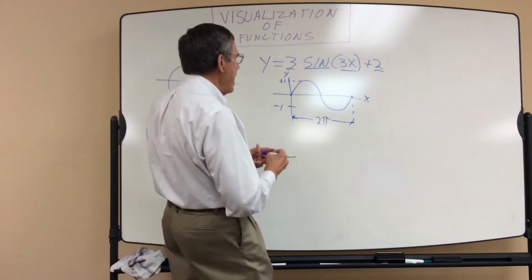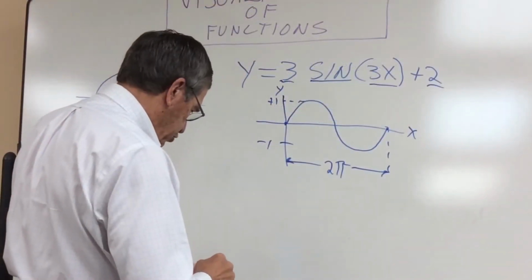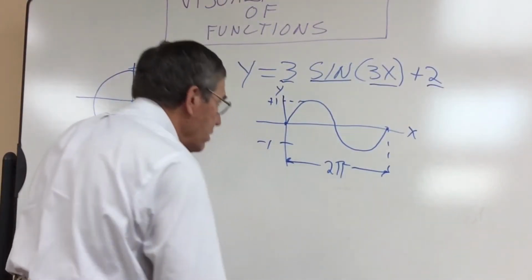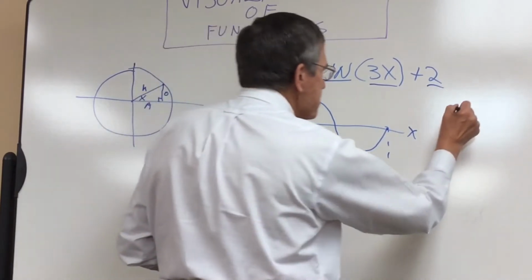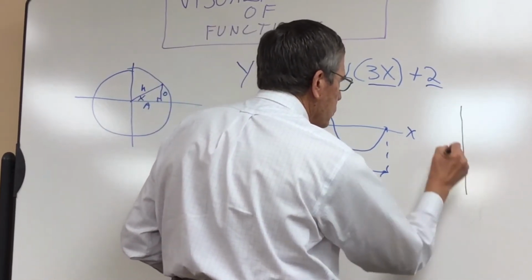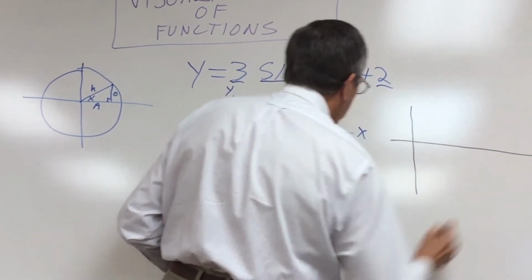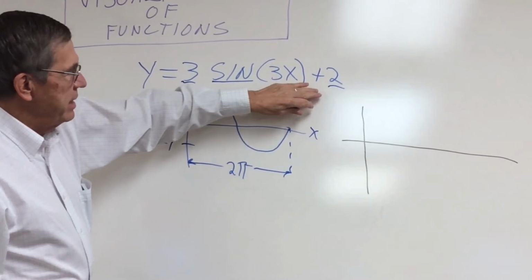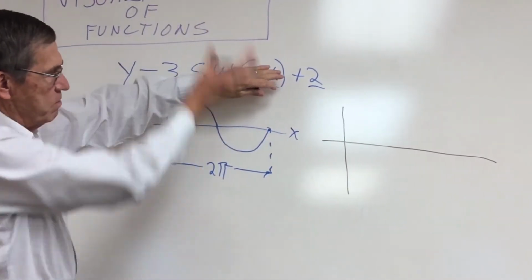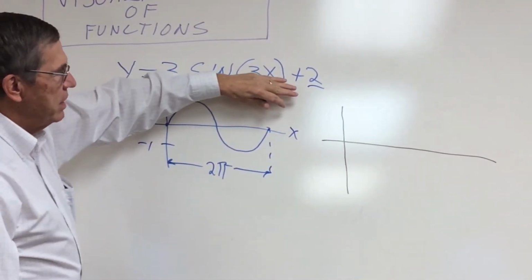Okay? So now let's, in another color, draw that function. We'll do it in black over here. First thing I would do is take the dislocation or the movement of the entire function in the y direction.